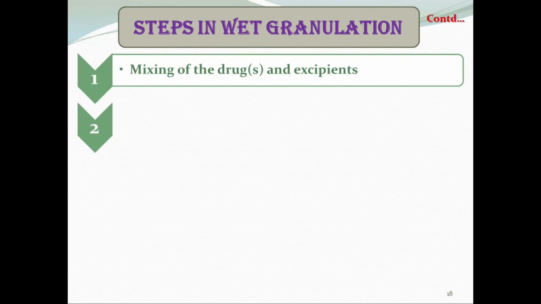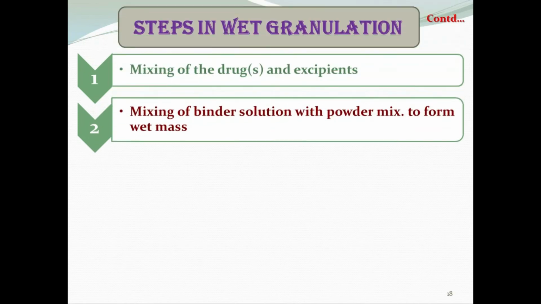Then the second step is mixing of binder solution with the powder mixture to form a wet mass. In this case we cannot add the binder as a dry powder; we need to prepare its solution. As I have already told you, wet granulation is of two types: aqueous and non-aqueous.